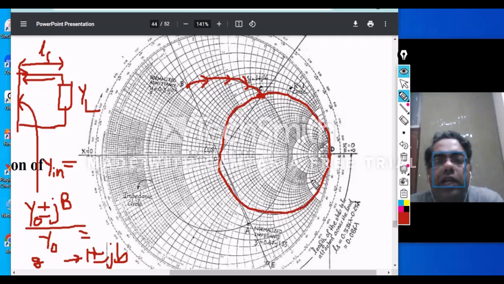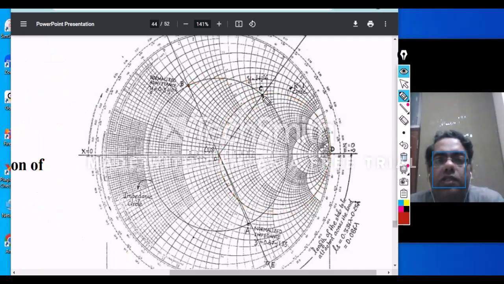This circle that I have shown is the G equal to 1 circle. So this is the point we have to come to. So we are traveling along the constant VSWR circle to this point. Now this point we will call point C.